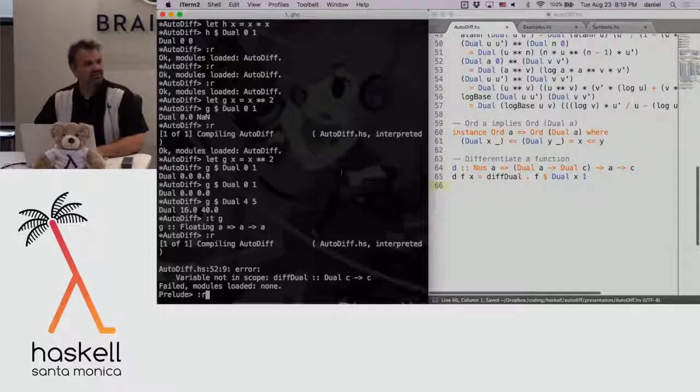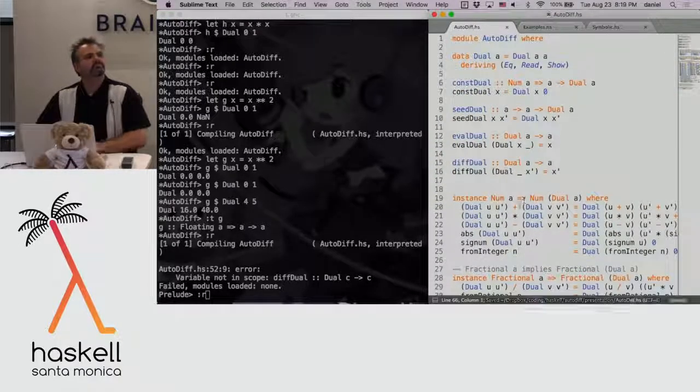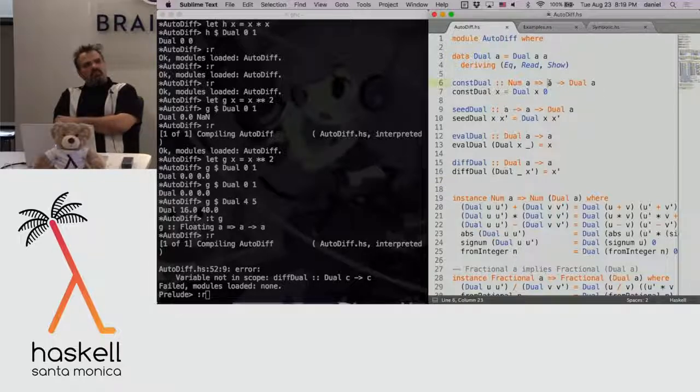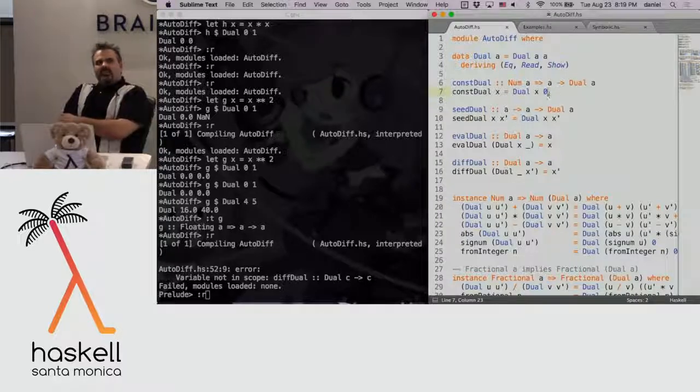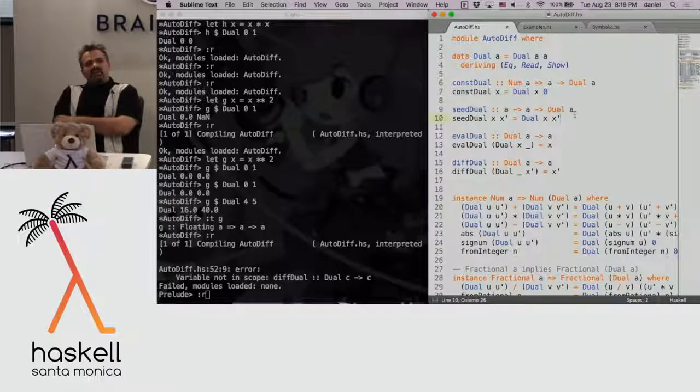Could we look at those? Yeah. Okay. So const dual requires a number, takes an A and gives you a dual A, and I think of it as casting the number as a constant in duals. So your number and 0. Seed dual takes 2 A's and just packages them.